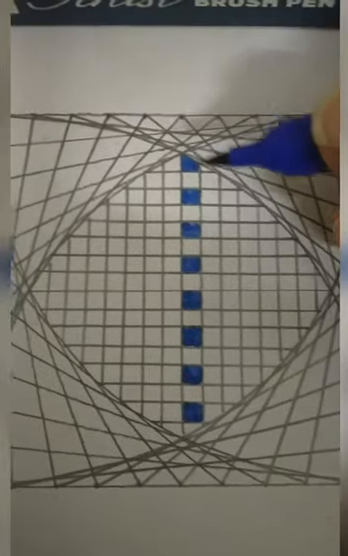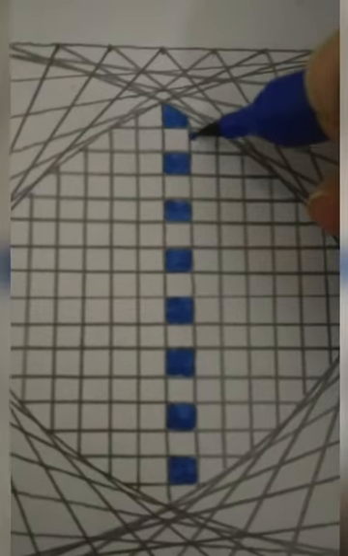Like this you have to do inside, don't go outside. See, this line I have done. Now the second line: see, first and third I have done in blue, the second line I will do the second box.